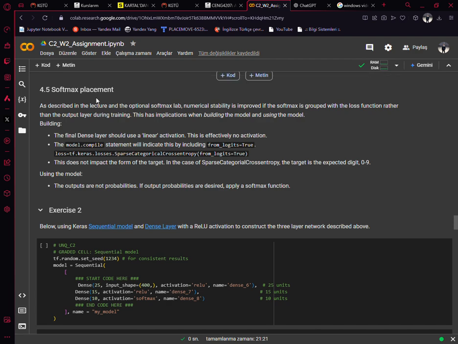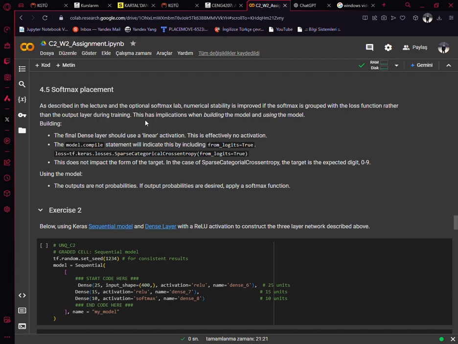Exercise 4.5 is softmax placement, as described in the lecture and the optional softmax lab. Numerical stability is improved by grouping the softmax with the loss function rather than the output layer during training. This has implications when building the model and using the model. For building, the final dense layer should use a linear activation, effectively no activation.